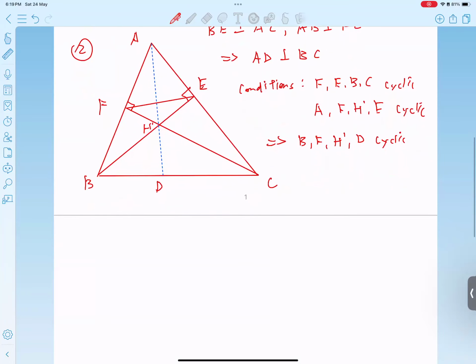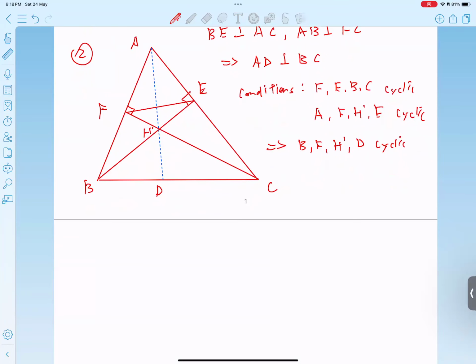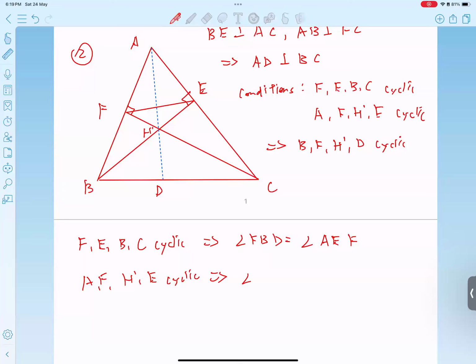So the rest is a pretty simple angle chase. FEBC cyclic will tell us angle FBD is equal to angle AEF, and then A, F, H', E cyclic just tells us angle AEF equals angle AH'F.